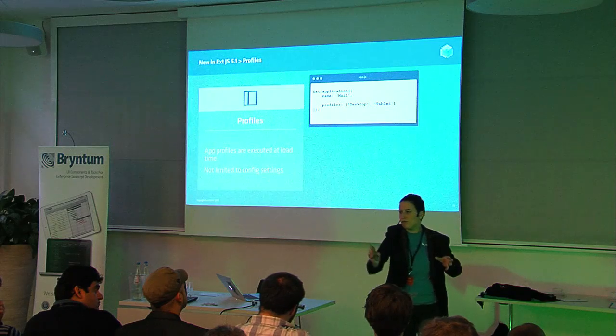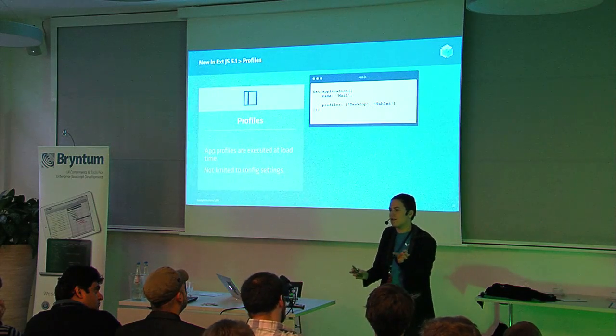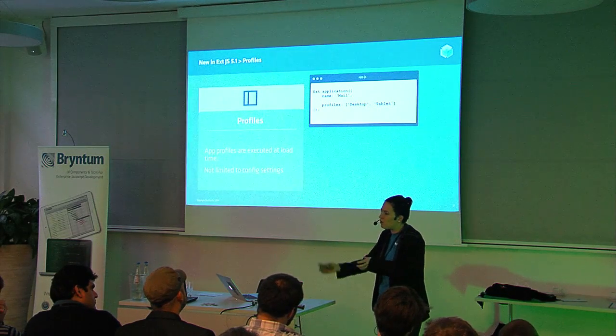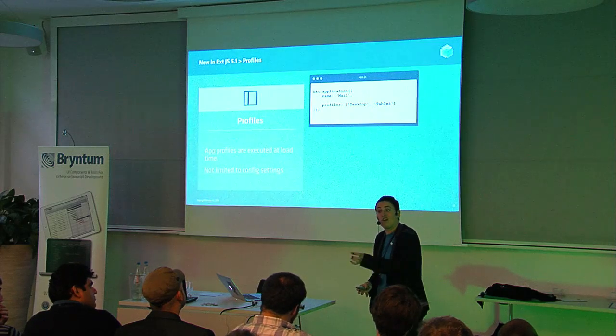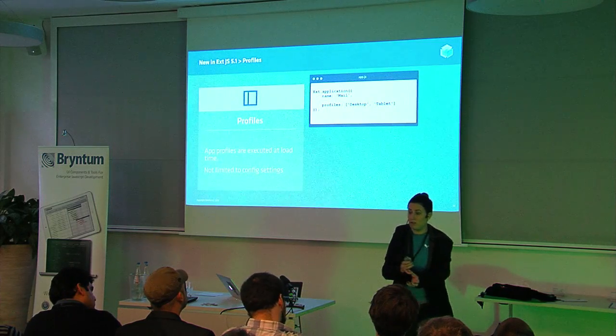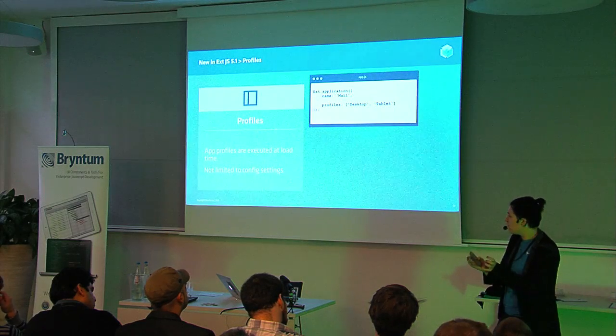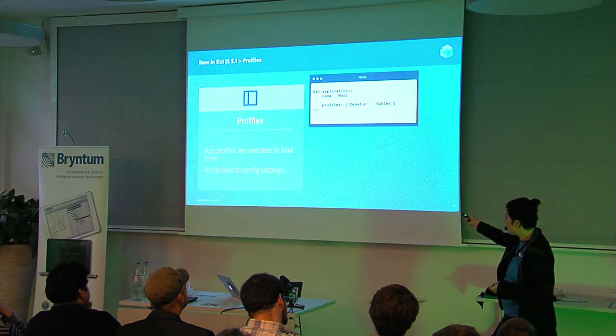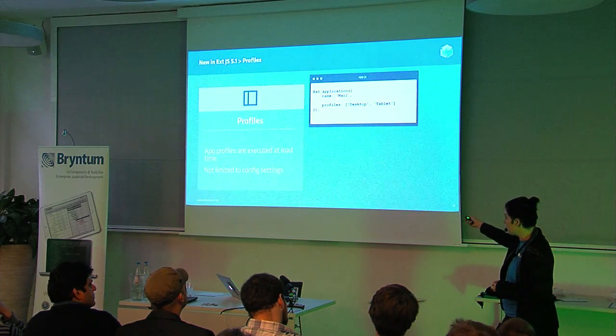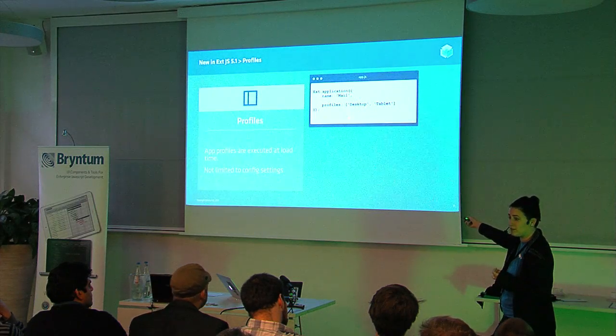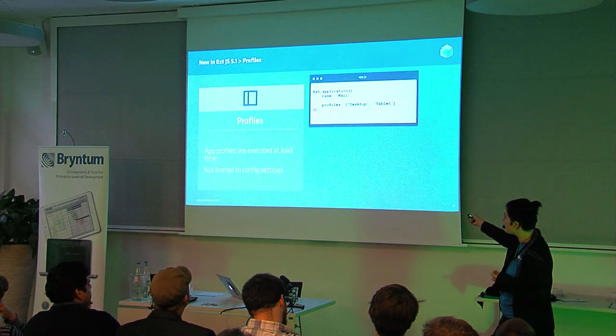You can just create new views that belong to a profile, and it's not only views, you can also create particular logic. So you can create stores, you can create controllers, you can create views, and you bind it all to a profile. Let's say in this example we have two profiles. We have a desktop profile and a tablet profile.